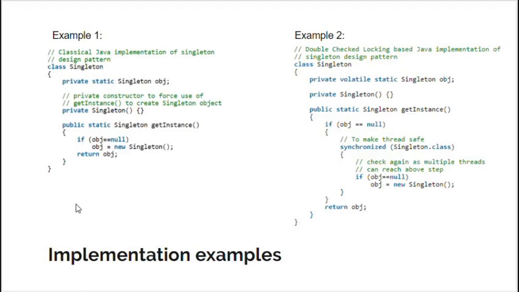This is a very basic singleton implementation, and it implements what Geeks for Geeks refers to as lazy instantiation, where the singleton object is not created until getInstance is called, which, as you'll notice, is public and static.